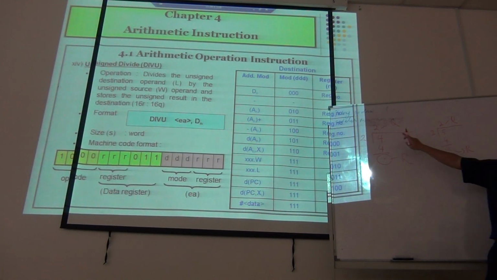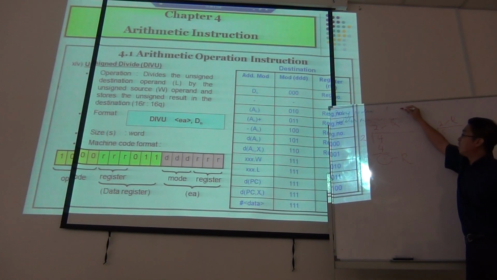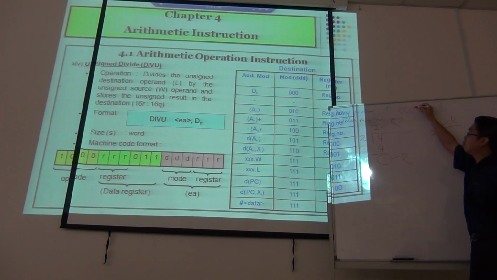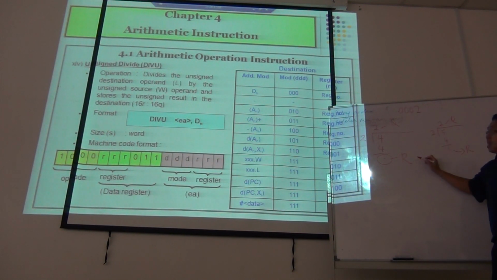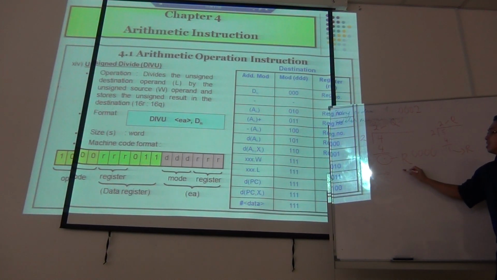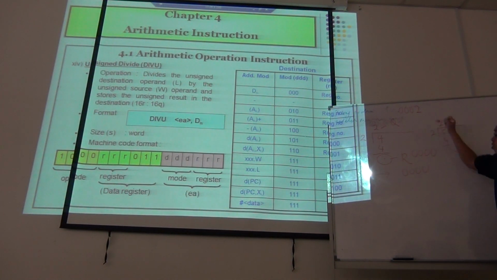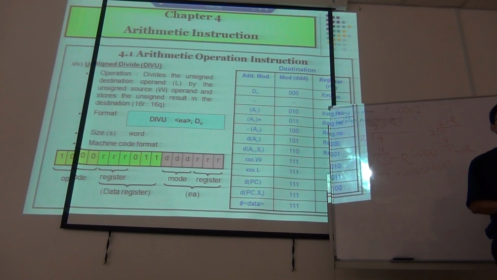Very simple. If this is in hex, it will give you the quotient 0002, the remainder will be 0000, and the final answer will be 00000002. You combine the remainder and the quotient.